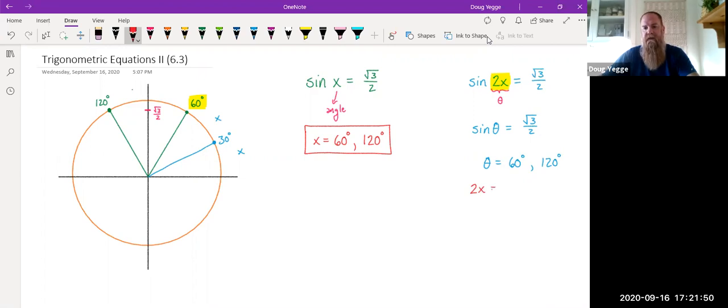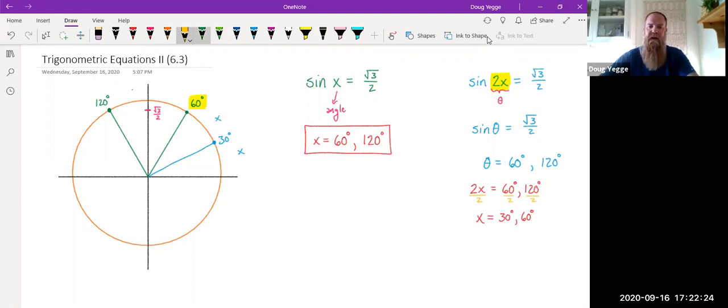And so now we're recognizing that 2x would equal 60 degrees or 120 degrees, which means that half of that, in order to find the value of x, would have to tell me that x is equal to a 30-degree angle, or half of 120, which is also 60 degrees. So in other words, all we had to do was divide the original angles by 2, and that'll tell me what my new angles are.